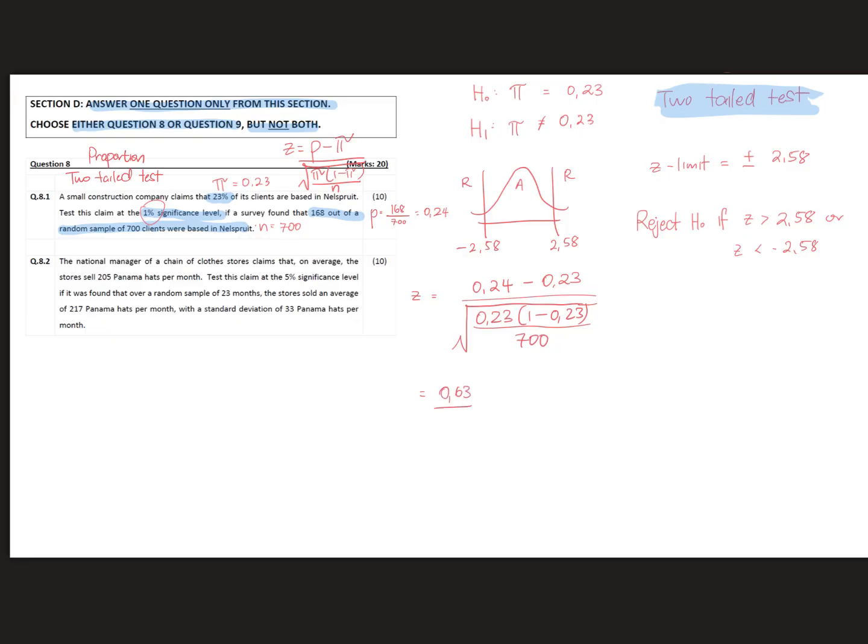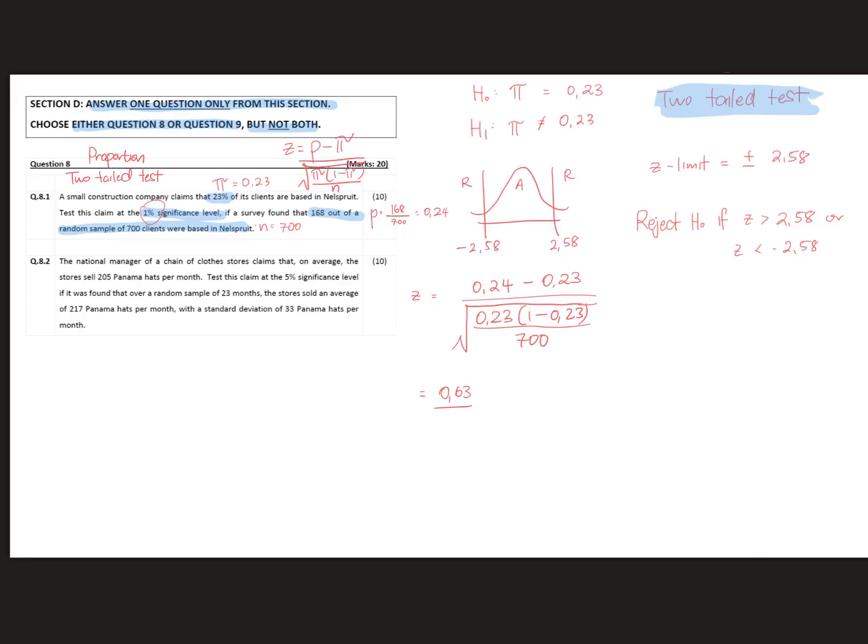And well, that's step 3 done. You've calculated your test statistic. What we're now going to do for step 4 and 5, which is usually done together, we're going to look at where does the 0.63 fall on your diagram.